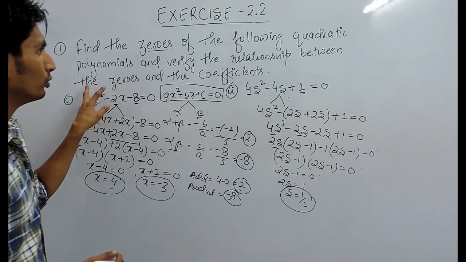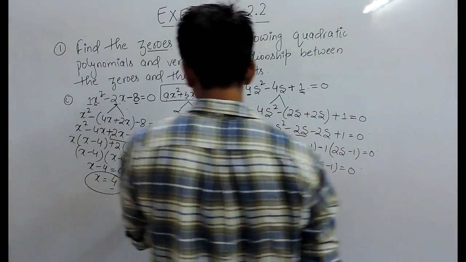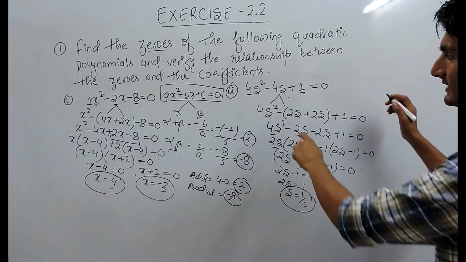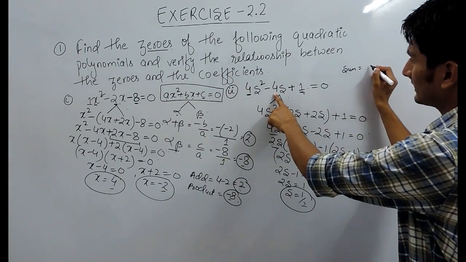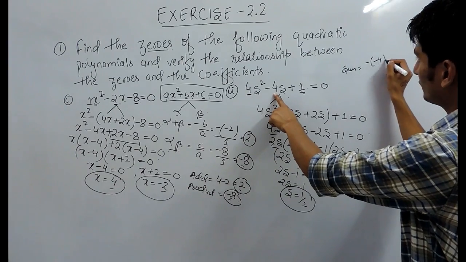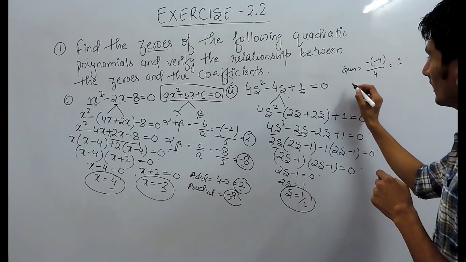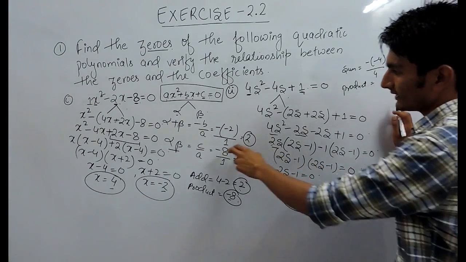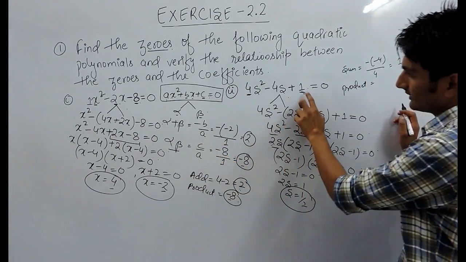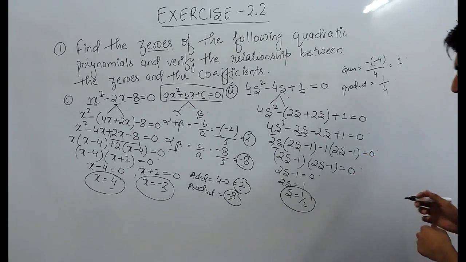After that you have to find the relation between the zeros and the coefficients. Clearly the sum of roots is basically minus 4 upon 4, which is 1, and the product is basically c upon a. In this case c is 1 and a is 4, so the product is 1 by 4.